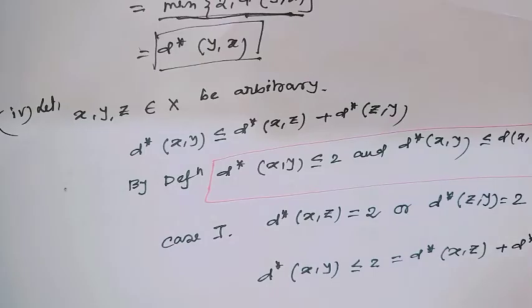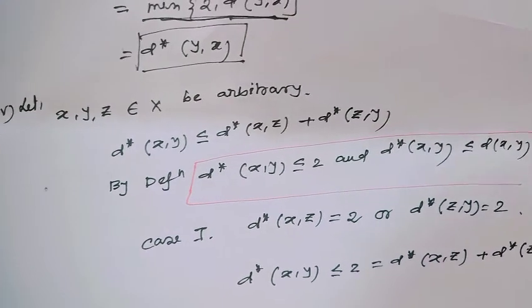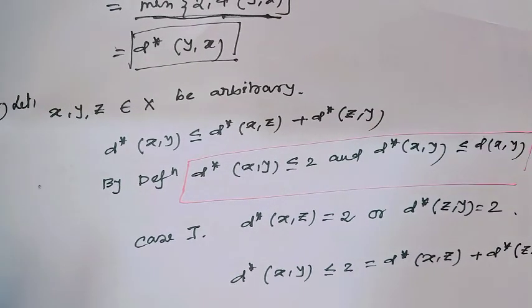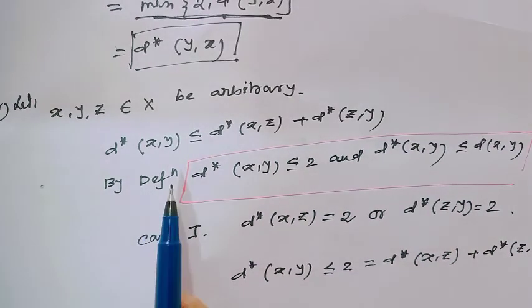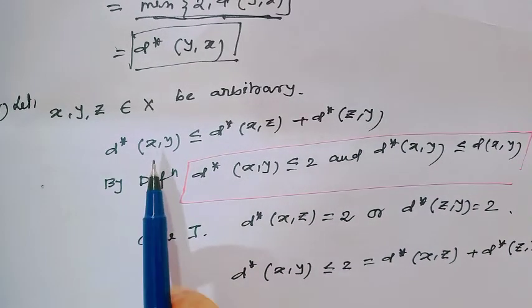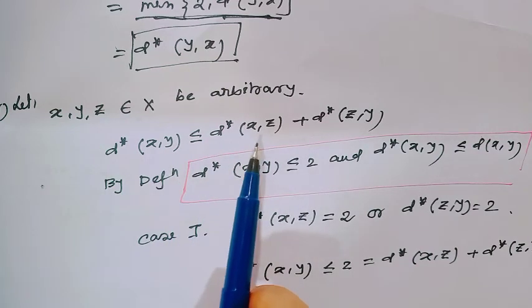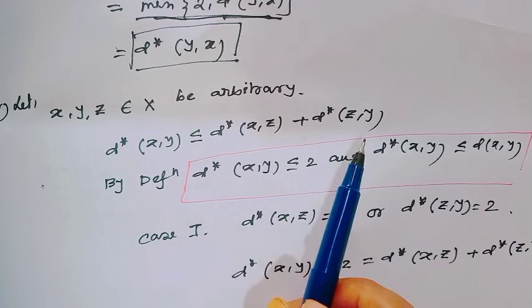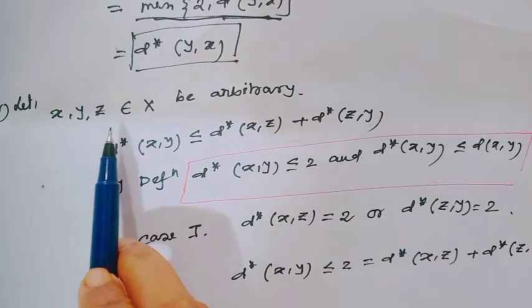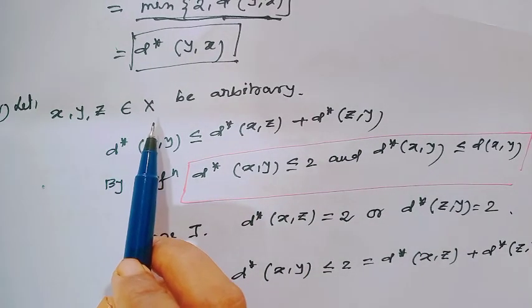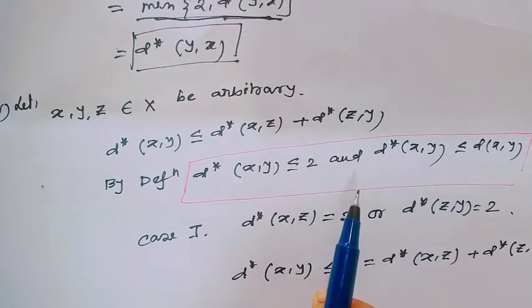And the proof of the triangle inequality is the same as the proof for the discrete metric. Here we have to prove D star xy is less than or equal to D star xz plus D star zy, where x, y, z are elements of the space X.